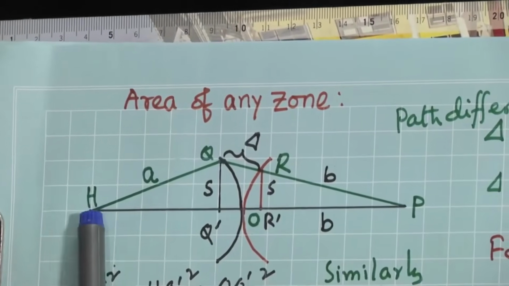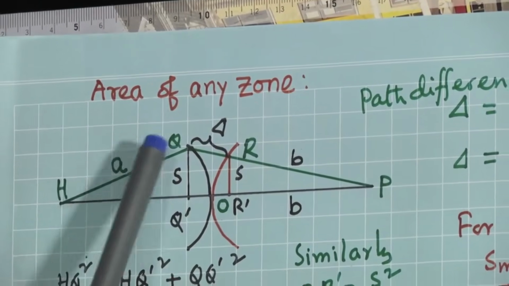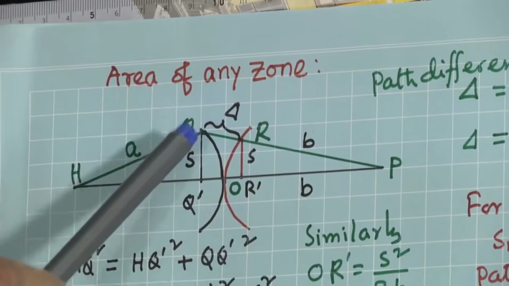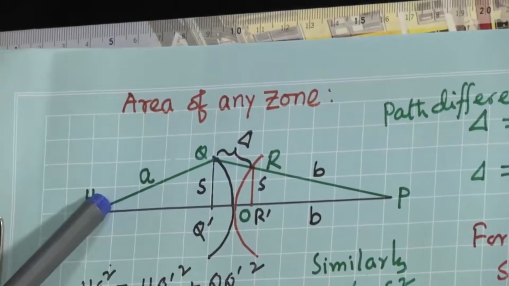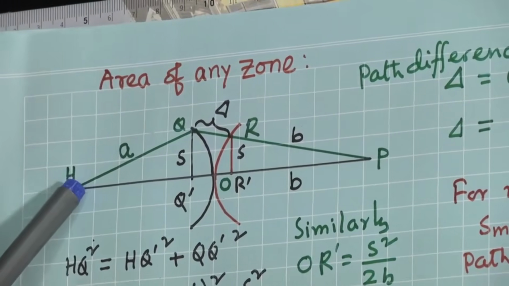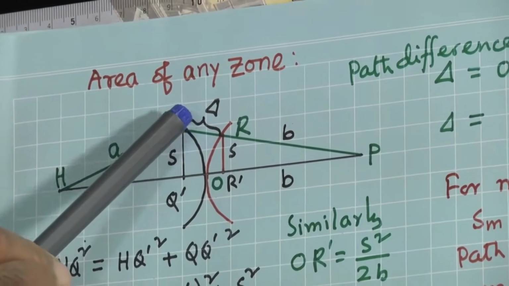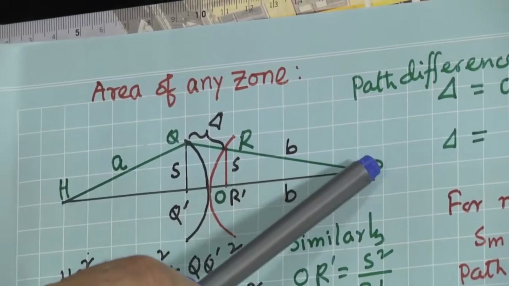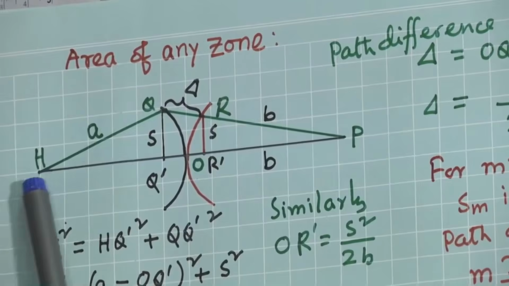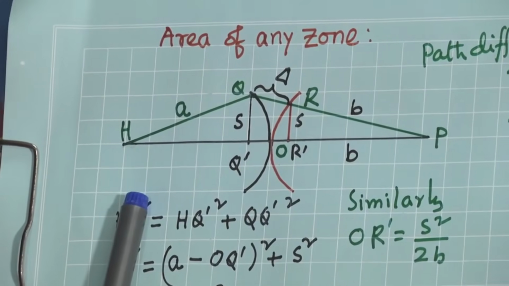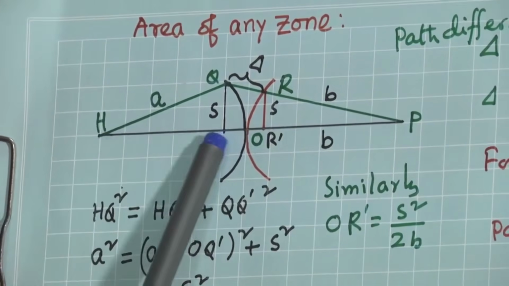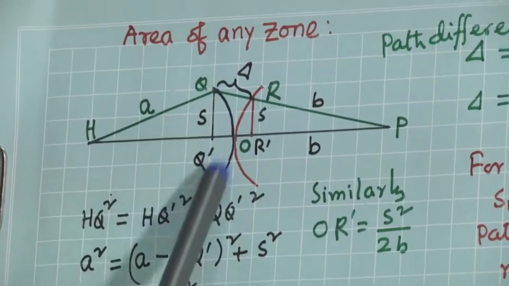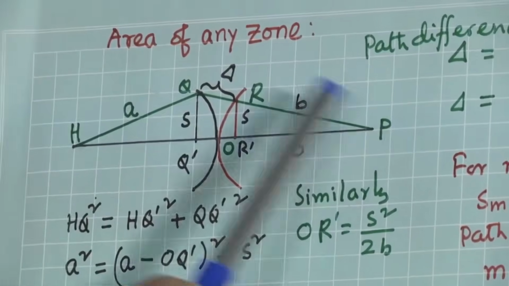So, here you can see that when light is reaching here, the same time light will reach here after this distance A, and from there when light is reaching the screen, that distance is B. So, the total length of the light to reach the screen is A plus B. Here we have drawn the circle, a spherical wavefront, basically because the source is at finite distance.